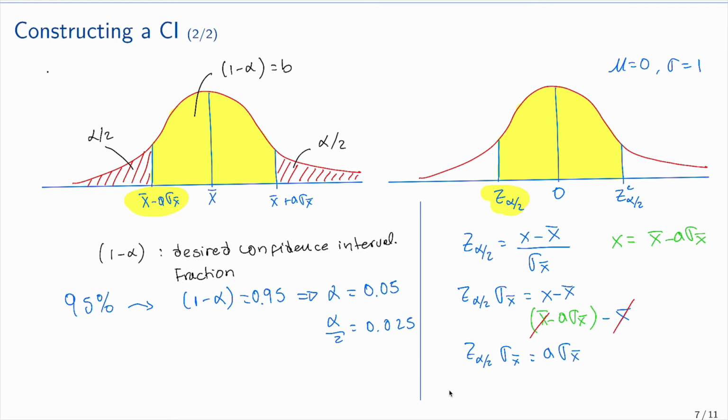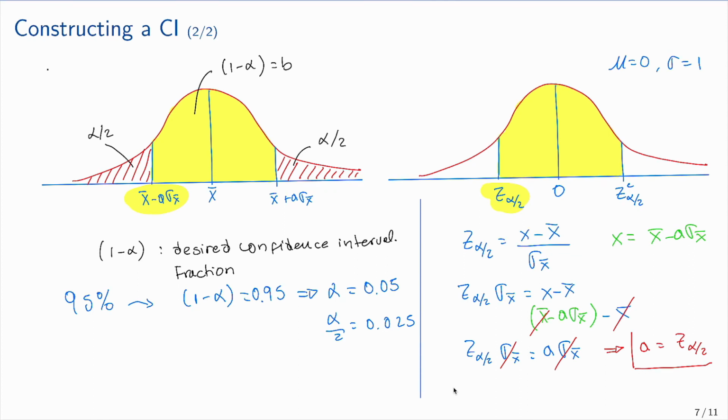So sigma of x bar is the same, which means that a is equal to z of alpha over 2. This is an important result. That's going to be the one that we are going to look up in the table.